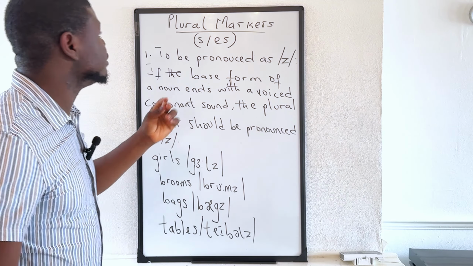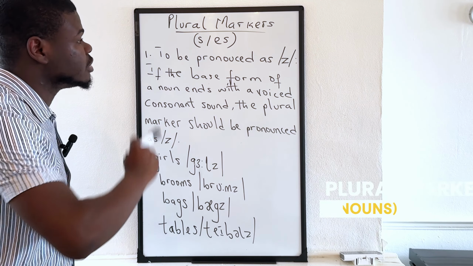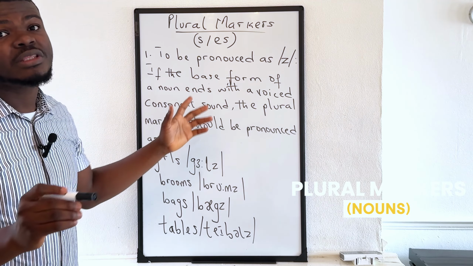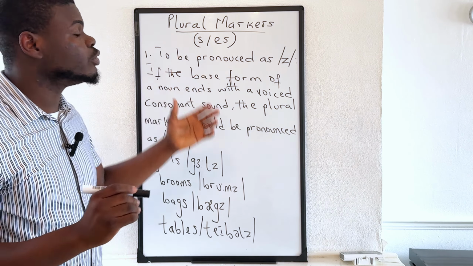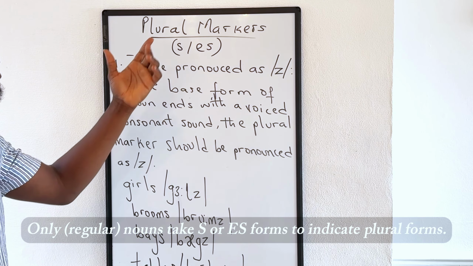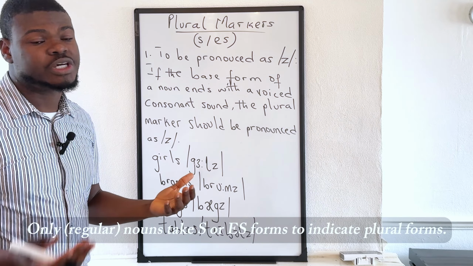In today's lesson, we are considering the topic plural markers. Now, this has to do with nouns, obviously. When we talk about plural markers, we're referring to nouns because it's only nouns that would take S or ES to show plural forms, yeah?